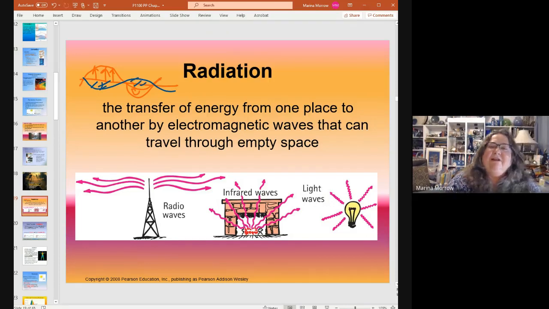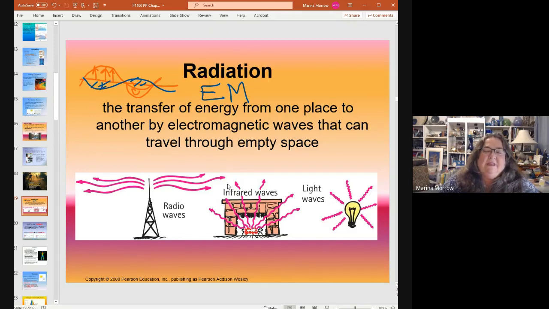That's what an electromagnetic wave is. And that's a really long word to write, so we also say EM wave. That's a short way to write it. We'll find out more about electric fields and magnetic fields after we do electricity.